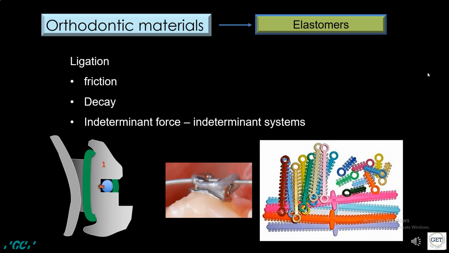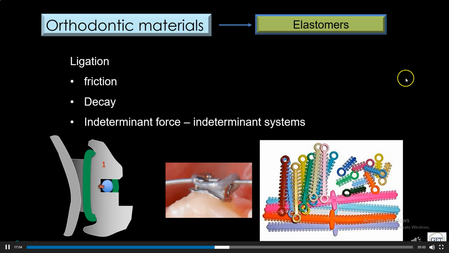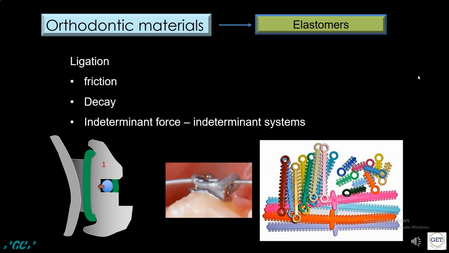Due to that fact, the initial friction in the full arch system cannot be estimated, and it is not a stable friction, which leads to an inconsistent, or if you want, indeterminate force system, and as such it cannot be calculated or estimated in order to allow the incorporation of additional forces such as intermaxillary elastics at the early stage of the treatment. The lack of elastic modules in self-ligating brackets is the biggest advantage of self-ligating brackets over conventional brackets using elastic modules.